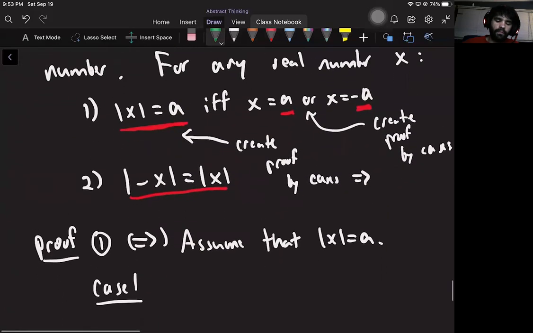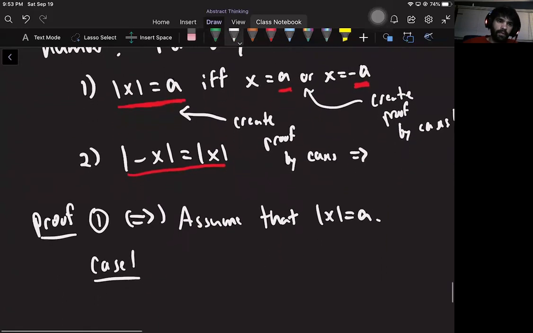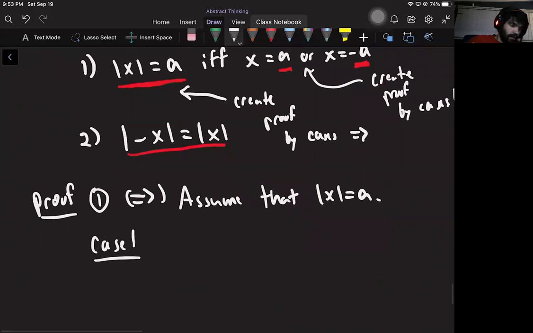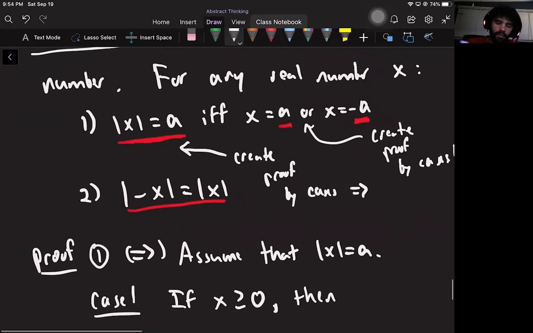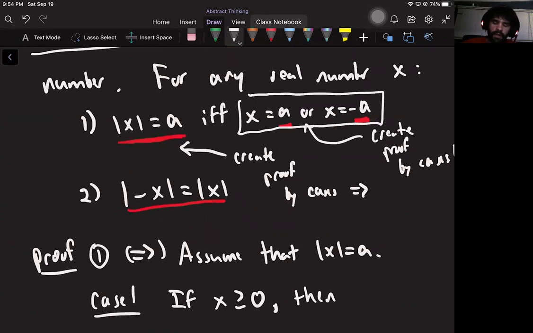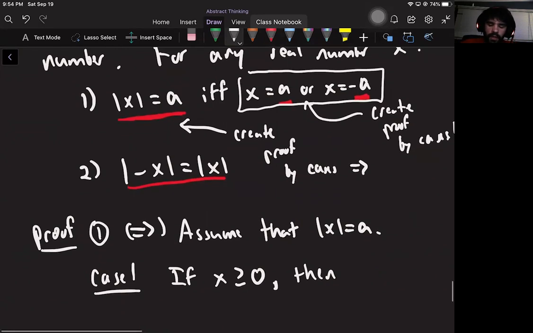Okay, so the first case will be that I plug in a positive number or 0. If I do that, then what can I say? And also, what am I trying to prove? I'm trying to prove that I'll either get a or negative a for x.